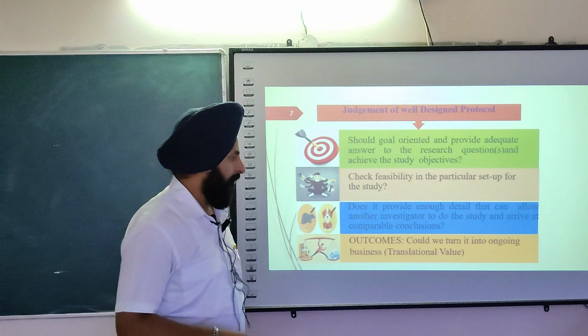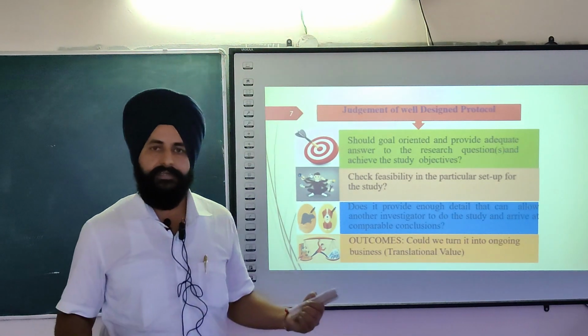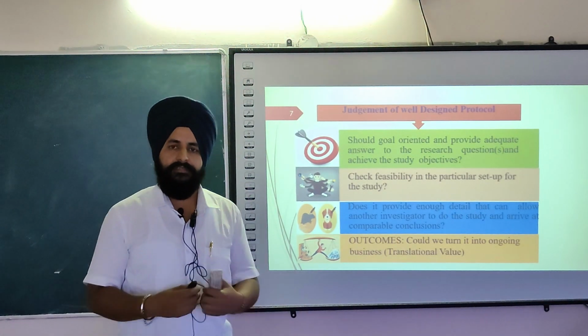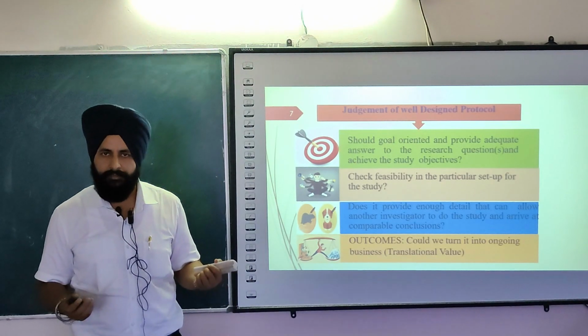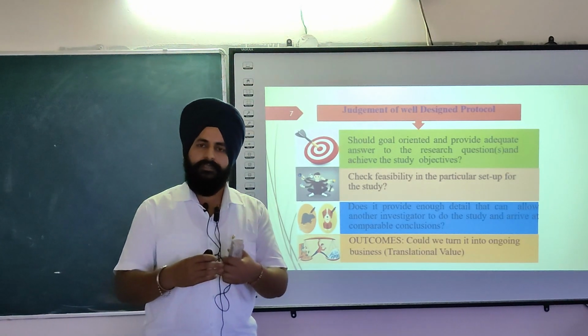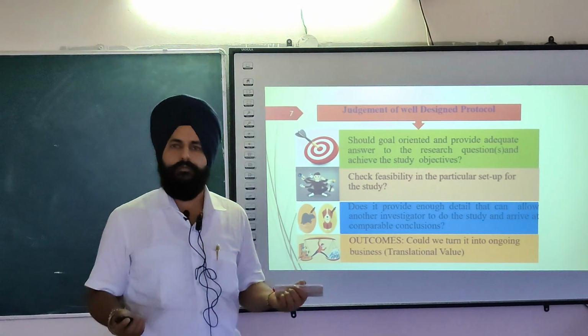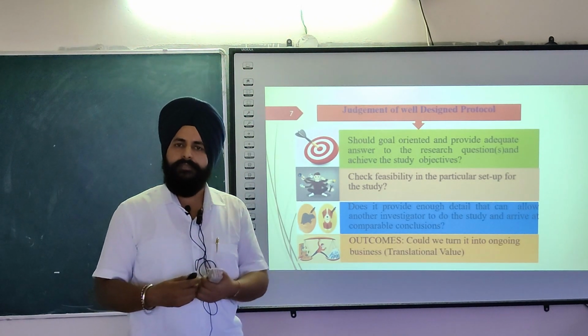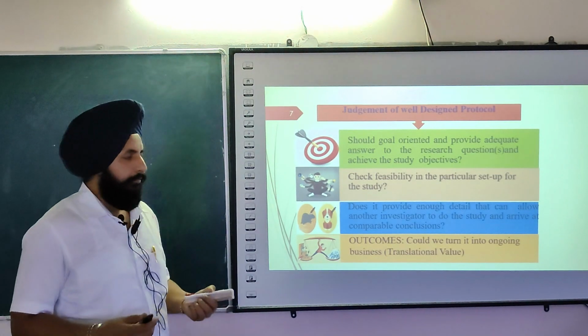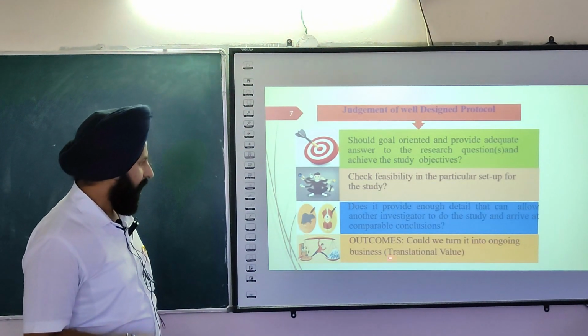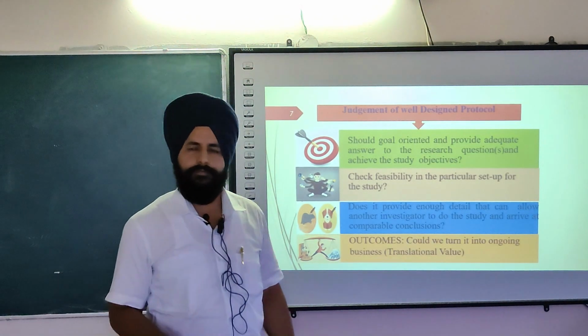It is important. If your research is not providing enough detail, it is not very useful. Your research must provide more detail or more molecular mechanism that can be useful for future generations. Last is the outcome of your research.